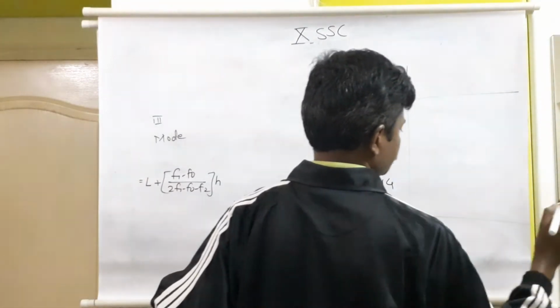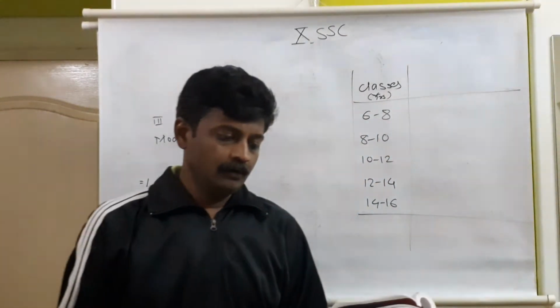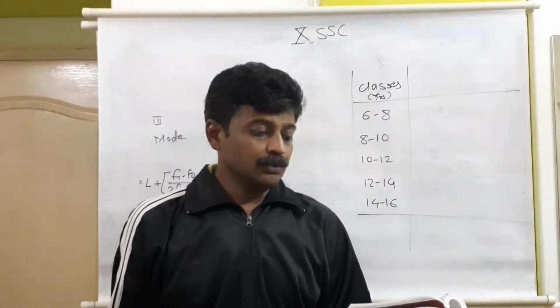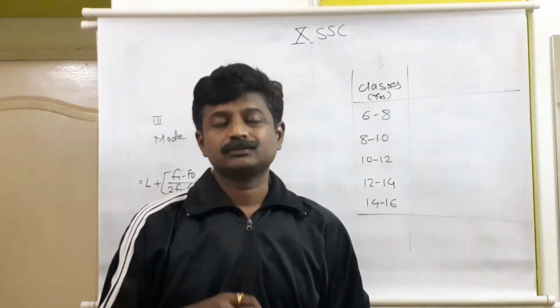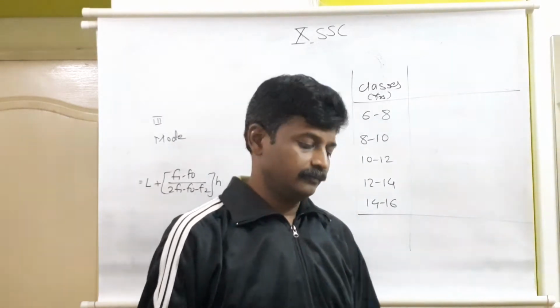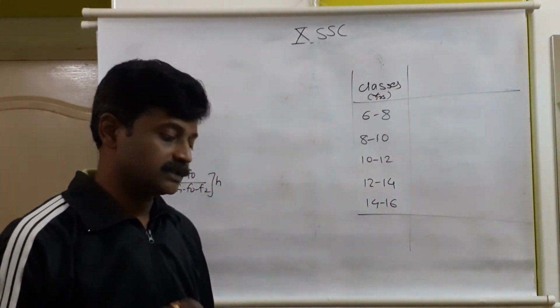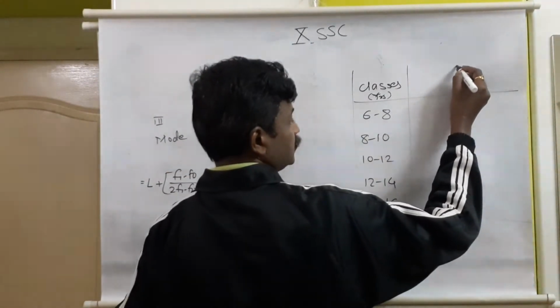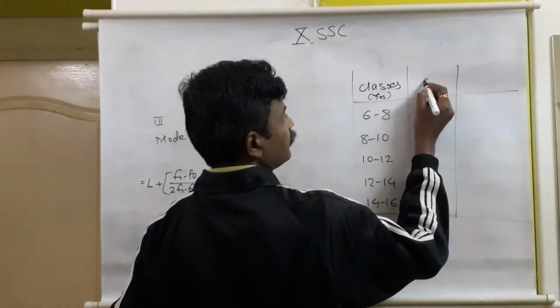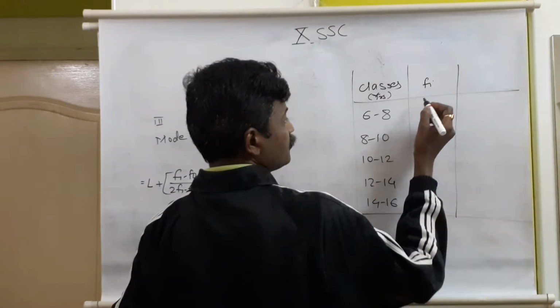These are the age groups of children playing on a ground, as shown in the following table. Find the mode of ages of the children. So we want to find the mode for this given information.